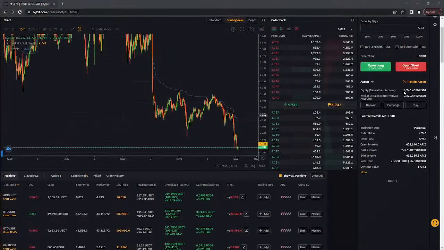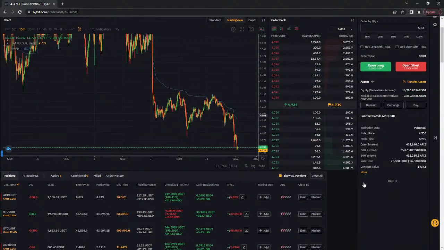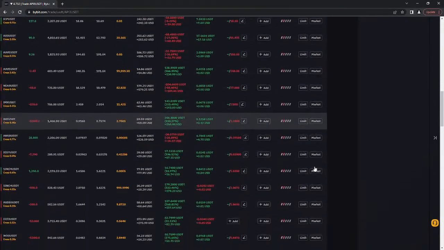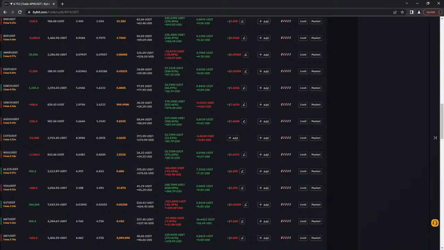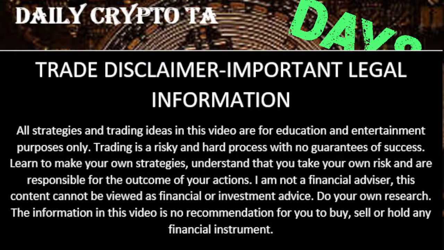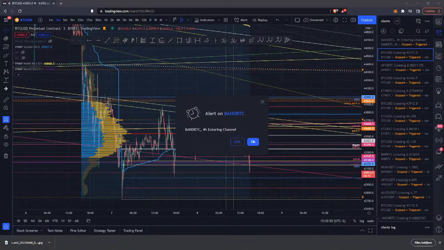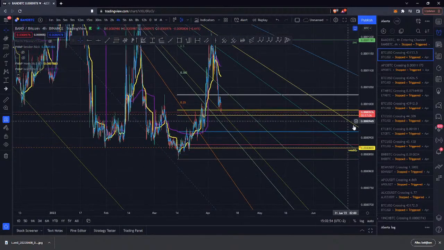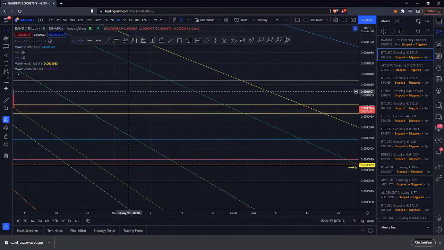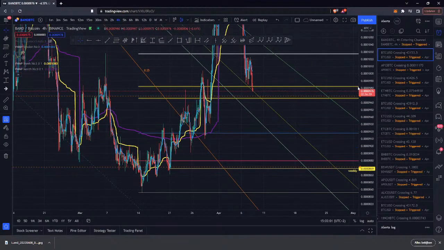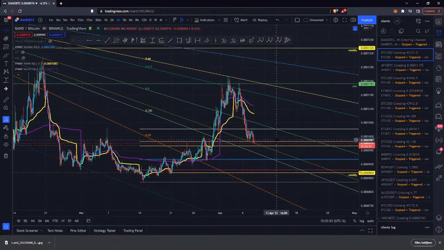How is our equity doing? That's more or less fine. What is this? Band BTC is at the CC right now. Yes, that's right.